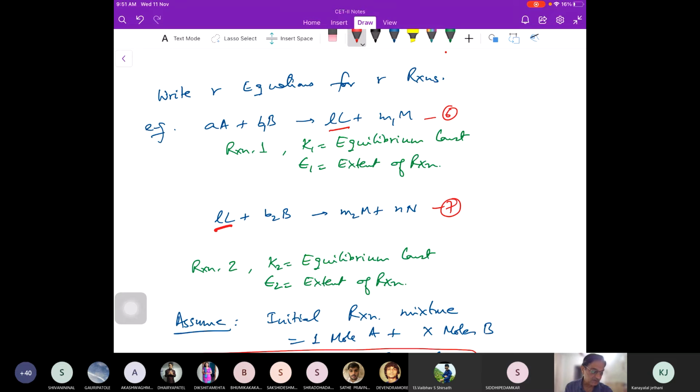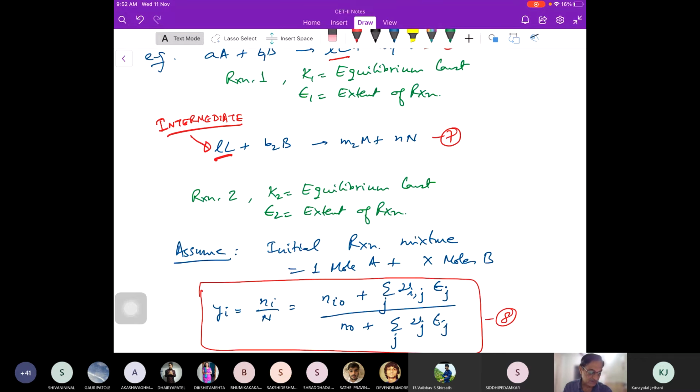So L is formed in the first reaction, equation 6 here, and then it is consumed in the second reaction, which is 7: l times L plus b2 times B gives m2 times M plus n times N. So this is the intermediate we are talking about. For this reaction 2, K2 is the equilibrium constant and epsilon 2 is the extent of reaction.